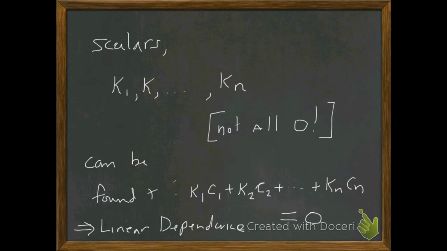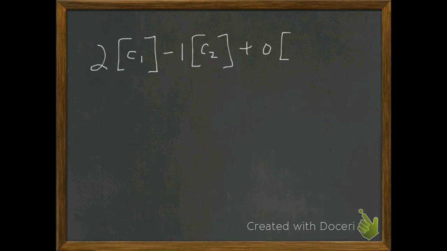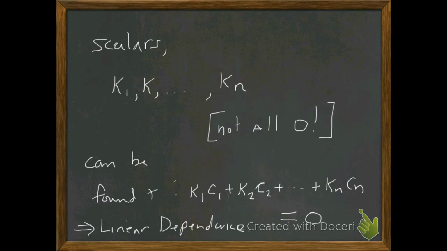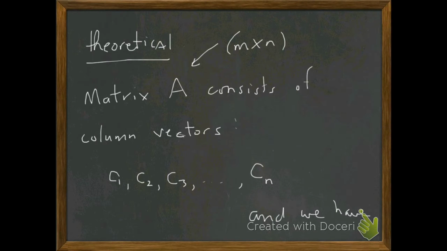Okay, so what we have here essentially is 2 times column 1 minus 1 times column 2 plus 0 times column 3. I think. Let me go back and make sure I'm not just making this stuff up.